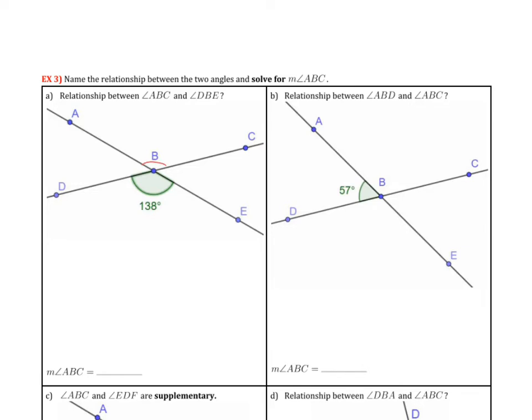All right, and if we remember our relationships from earlier, because these are two intersecting lines and angle ABC is across from angle DBE, this means that angle ABC and angle DBE are vertical angles. And because of that, we know that angle ABC is going to be congruent to angle DBE.